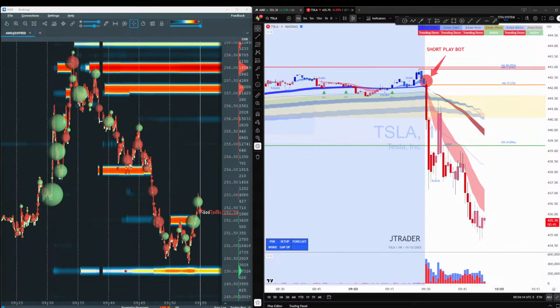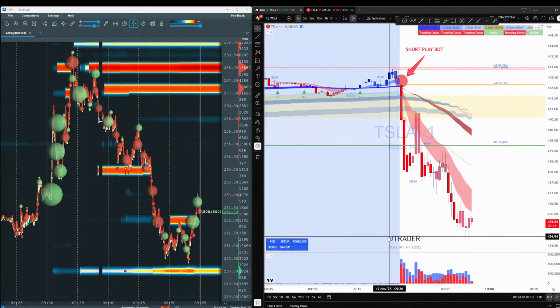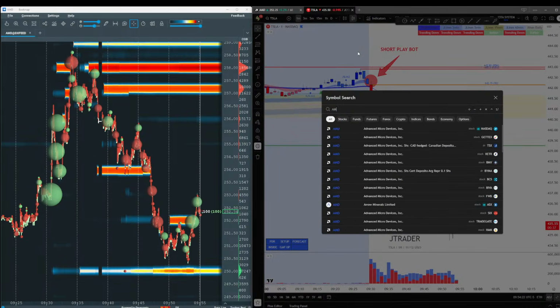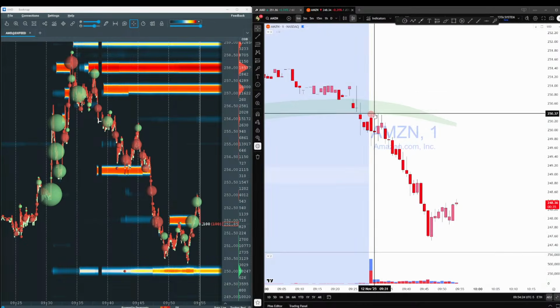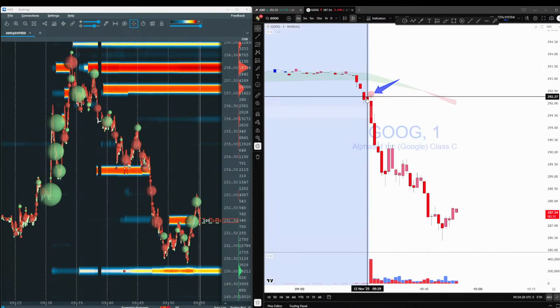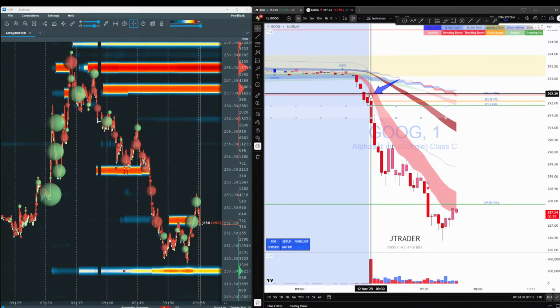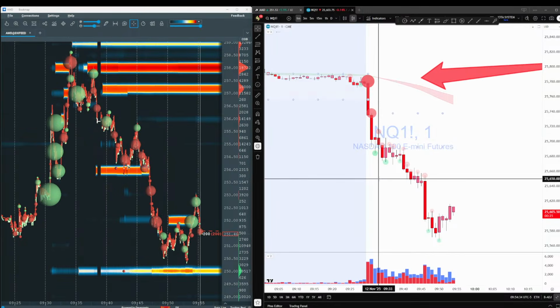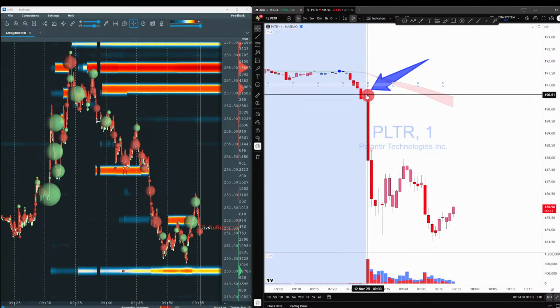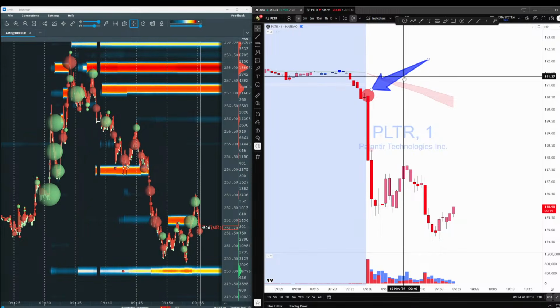And then over here, Google is up something like 6 points. So the major short play on Tesla, the major short play over here on AMZN, you can see that open, how it triggered. Major short play over here on Google. Major short play over here in NQ. Boom. That's the only thing. Look at PLTR, was sick, guys. Look over here, what a play.